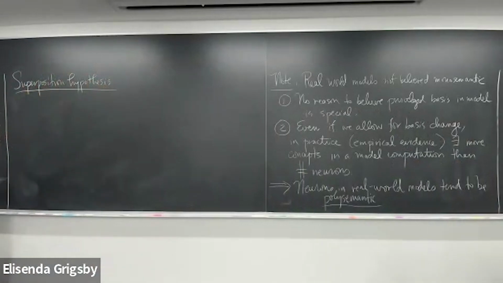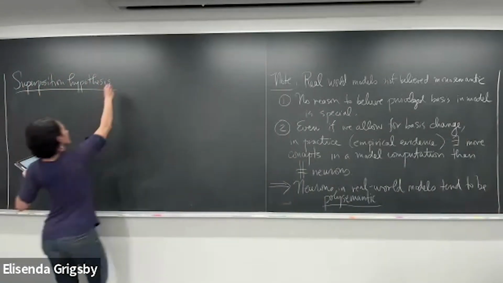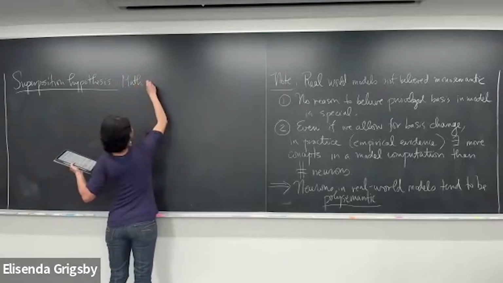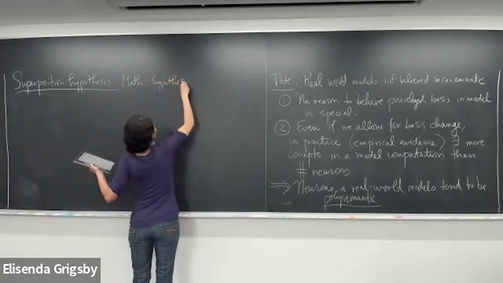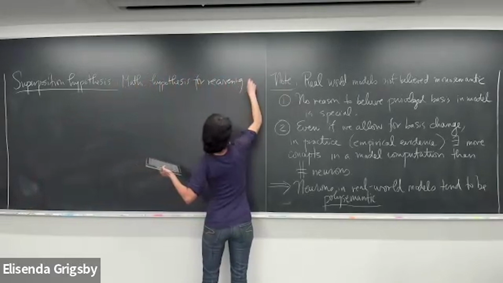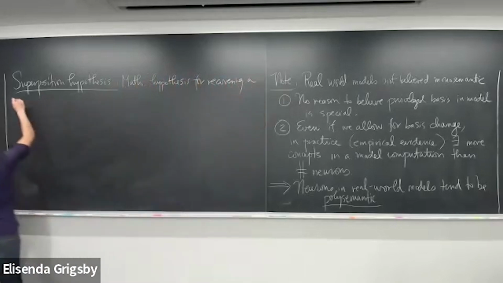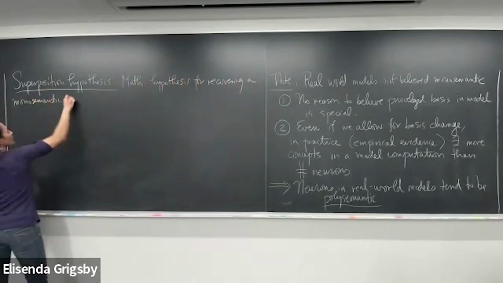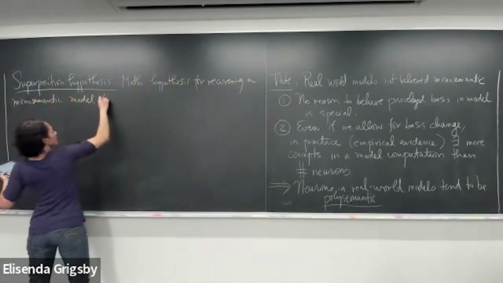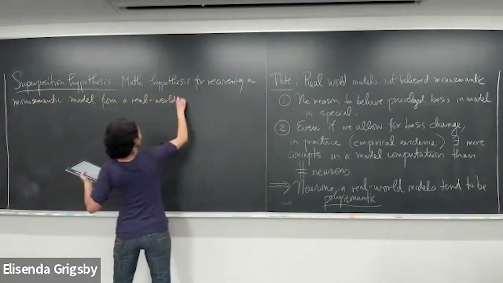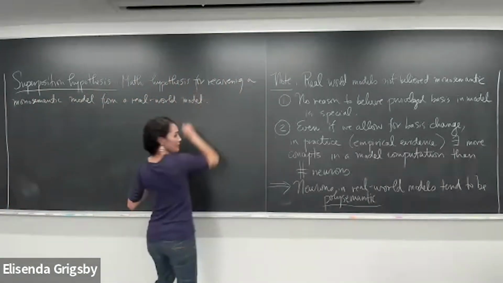It's some kind of mathematical framework, a mathematical hypothesis for recovering a monosemantic model from a real world model. It's a guess for how you might get such a thing.